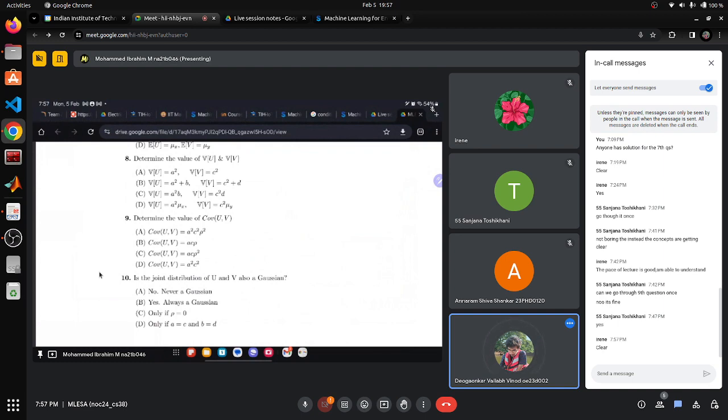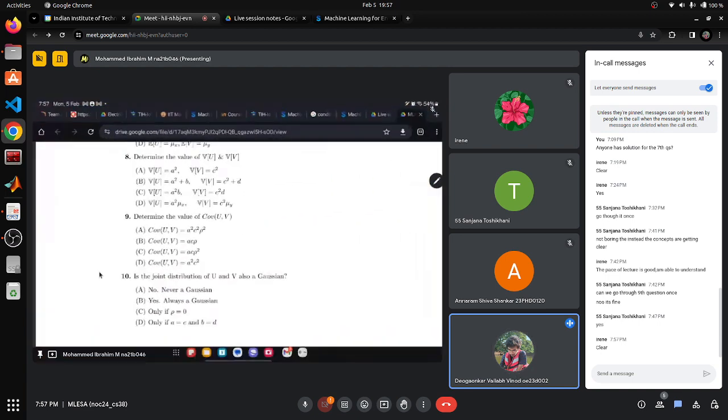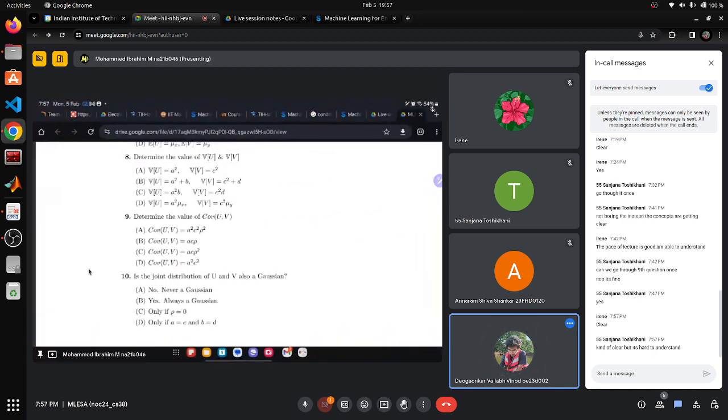Clear, yeah. Good, thanks. So yeah, the answer is A into C into rho that we have, which was option B. Kind of clear, but it's hard to understand.